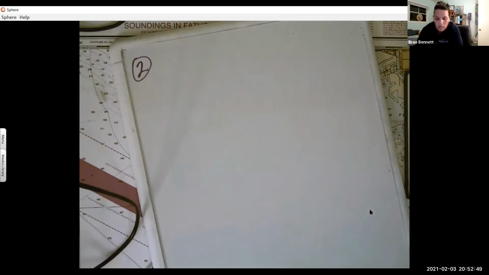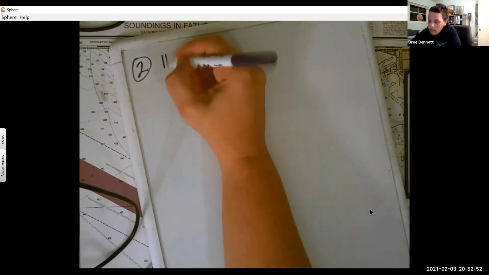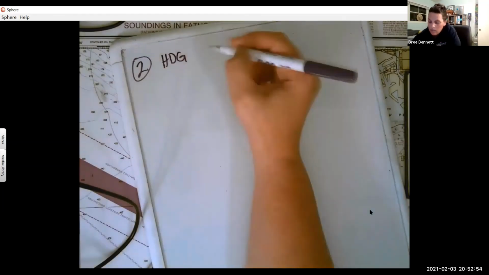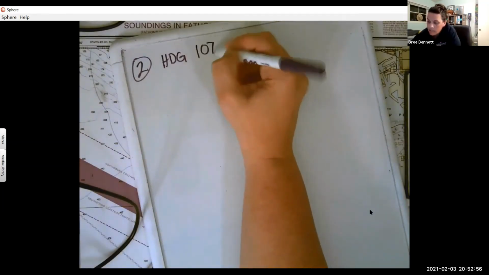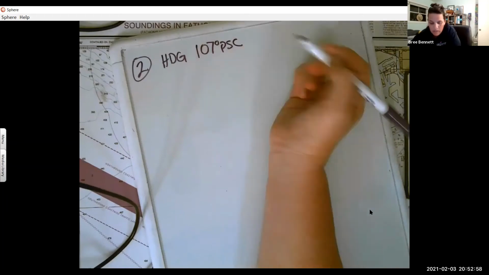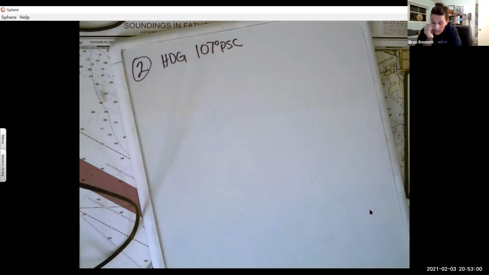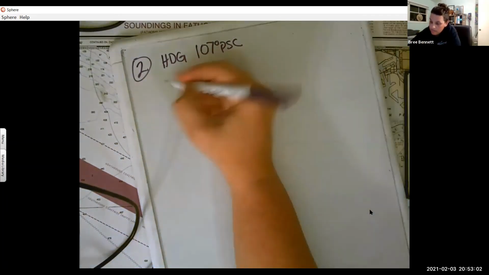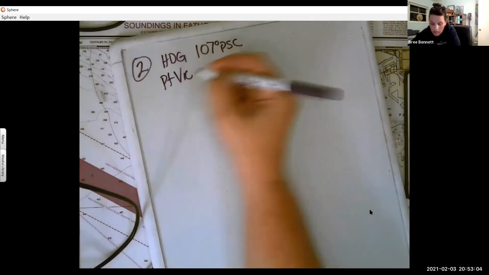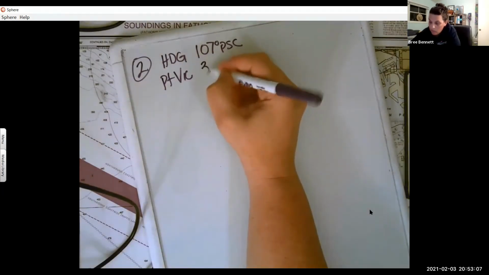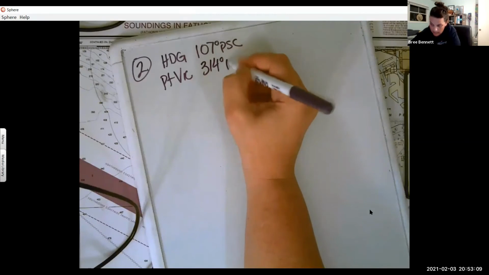So number 2 tells us we are steering 107 degrees PSC. Point Vicente light is bearing 314 degrees PSC.